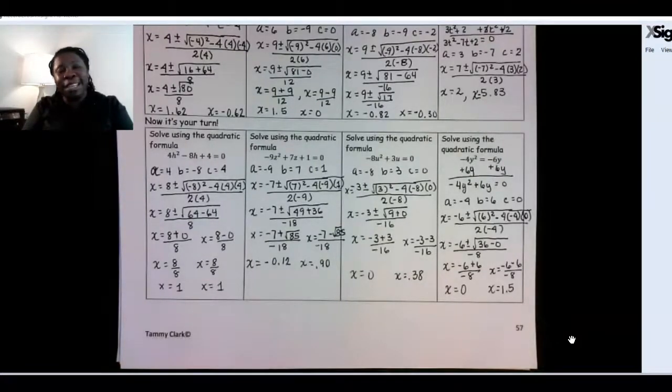Yes, you may calculate it with a calculator to make sure that you don't mess up your numbers or get mixed up or turn them around. However, I need to be able to see that you are fluid and fluent with being able to put the numbers in the right place.